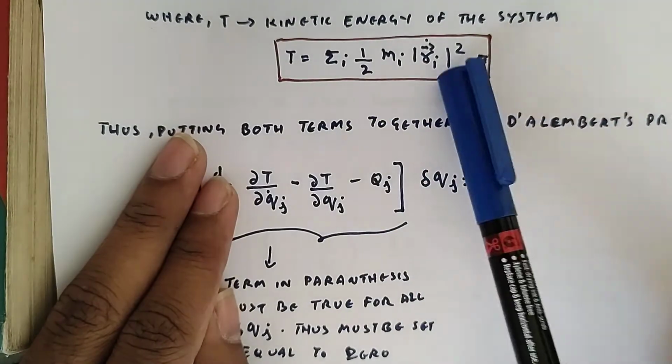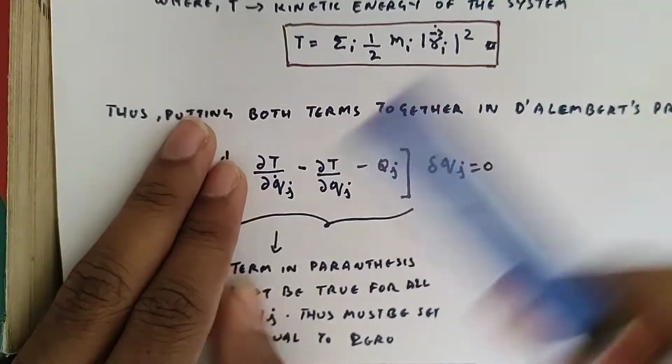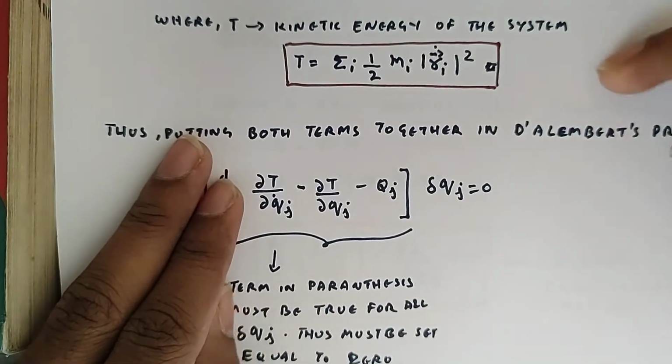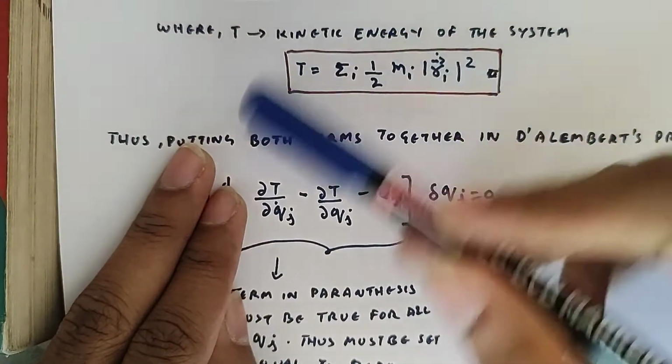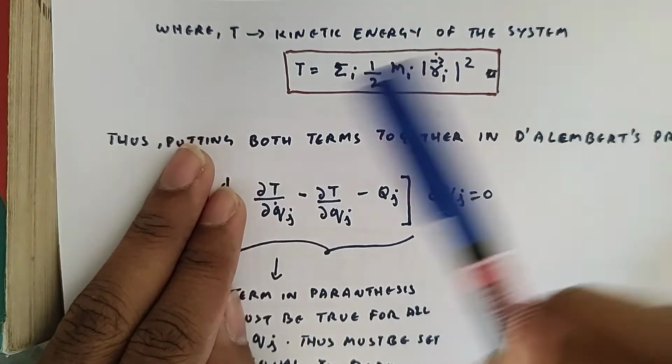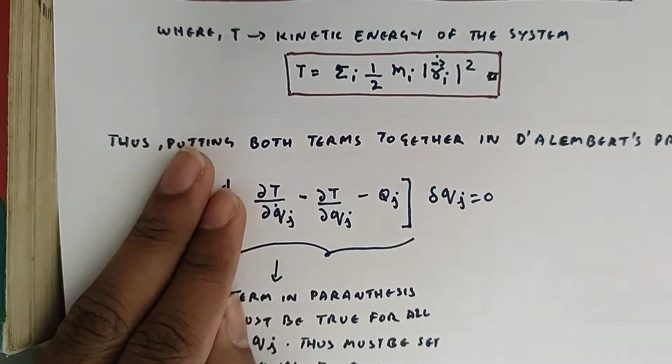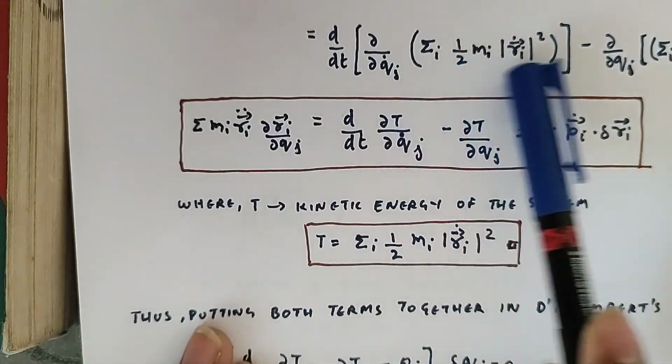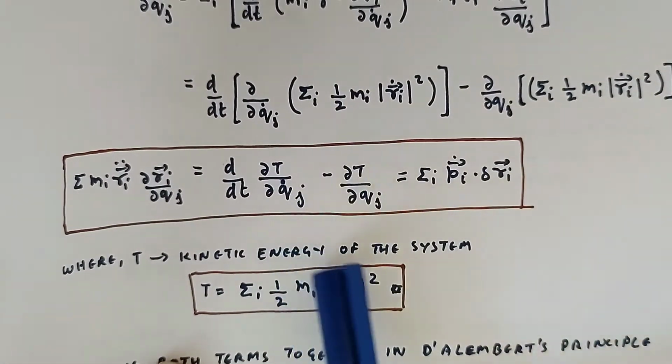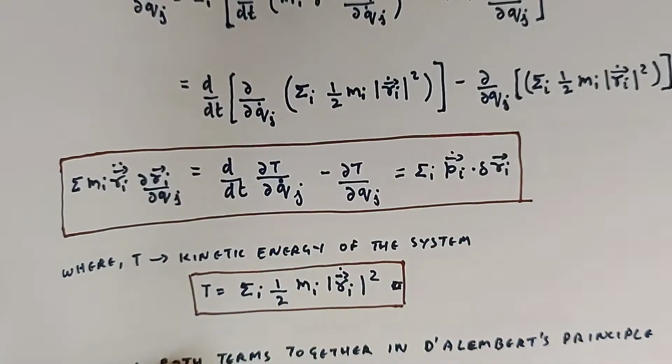T represents kinetic energy, and kinetic energy has different forms, as we might see in the ongoing lectures. One of the representations of T goes like this. As a result, I substituted this as T and this as T, and I get this equation.